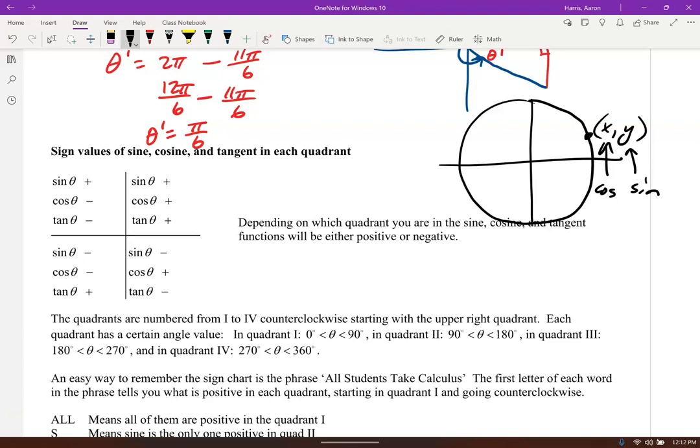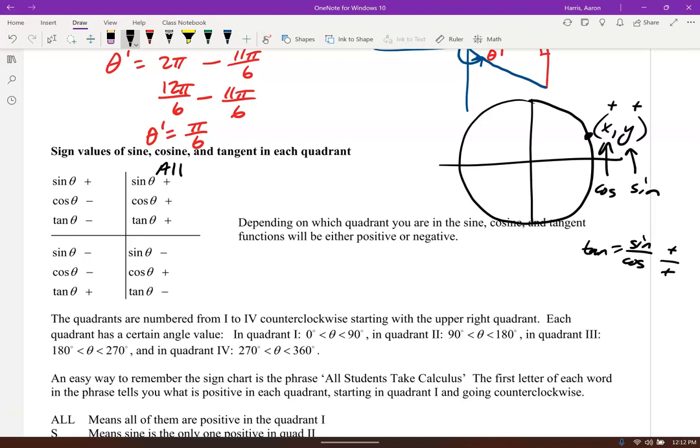Well, in quadrant 1, x and y are both positive, right? And so the tangent, which is sine over cosine, would also be positive, because it'd be a positive value over a positive value. That's why all of them are positive in quadrant 1.